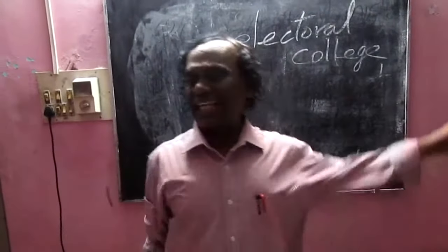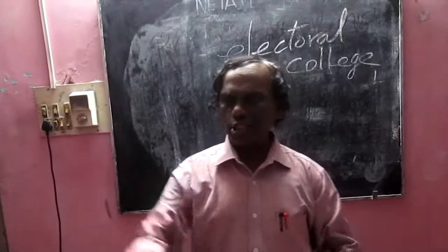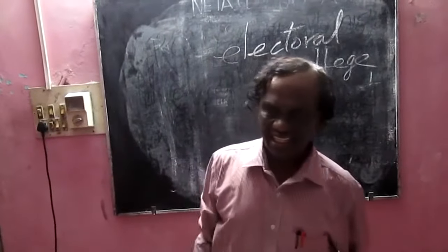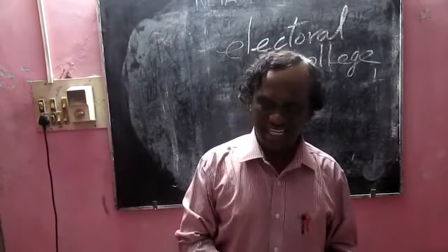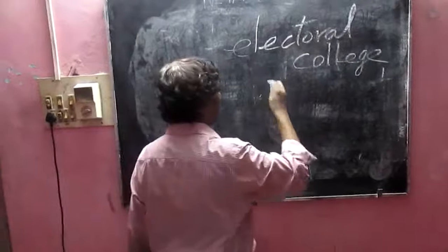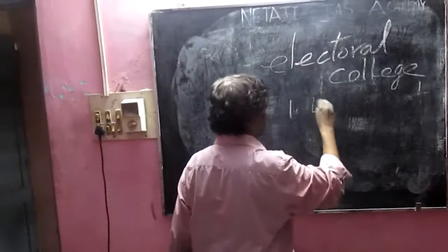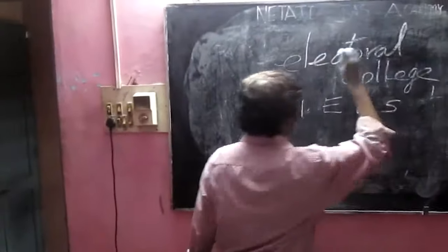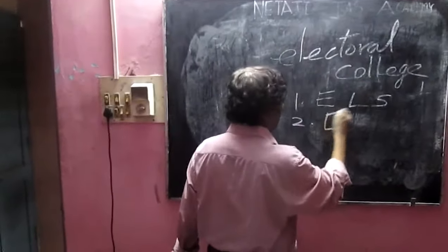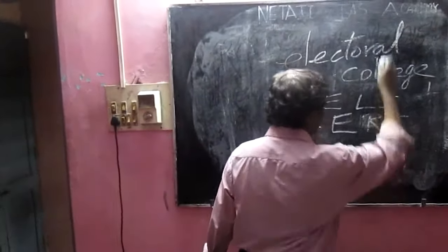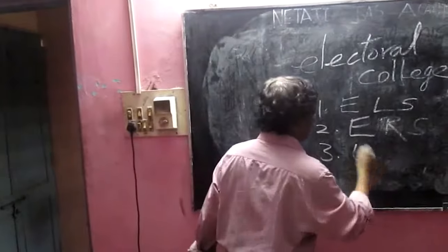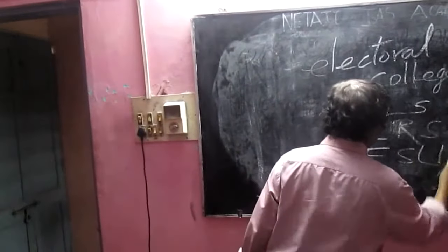In this electoral college, there are three groups of voters. One, elected members of Lok Sabha. Two, elected members of Rajya Sabha. Three, elected members of state lower houses.